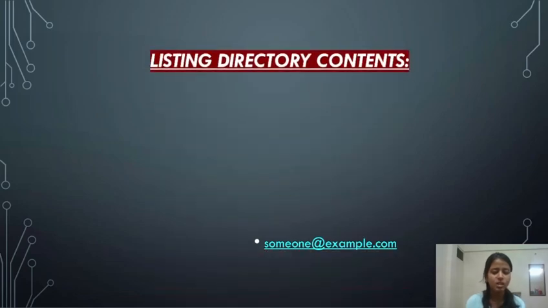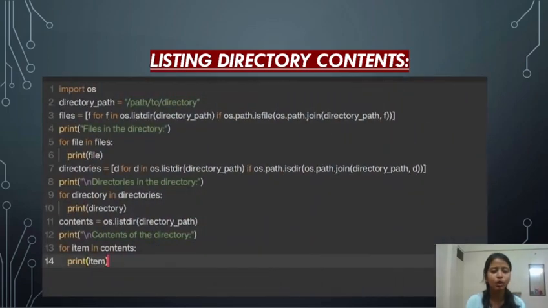Here is how you can list the contents of a directory in Python and then differentiate between files, directories, or listing both. Import os. Directory path, path to directory. Files = f for f in os.listdir(directory path) if os.path.isfile(os.path.join(directory path, f)). Print files in the directory.